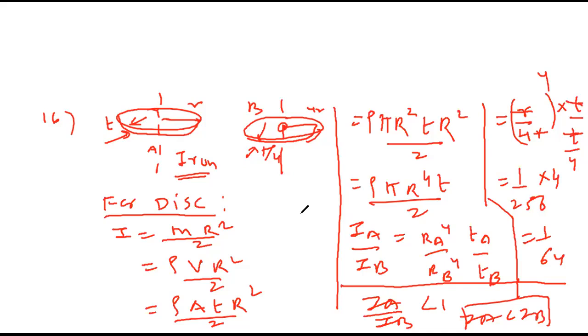Yes. Sum number 17. The figure represents an object consisting of a hoop. Hoop means ring. Hoop and a rod.